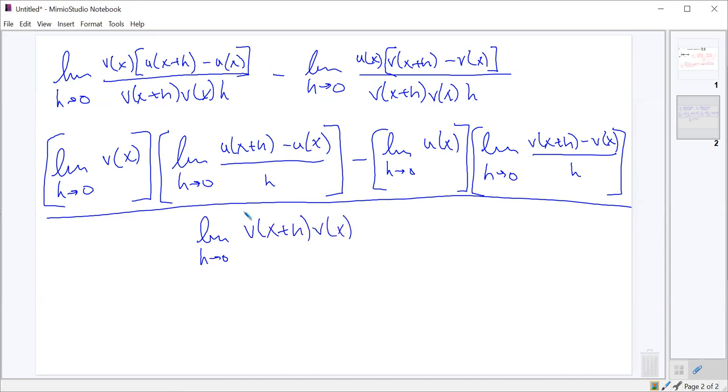And now we should be able to evaluate all 5 of these limits.